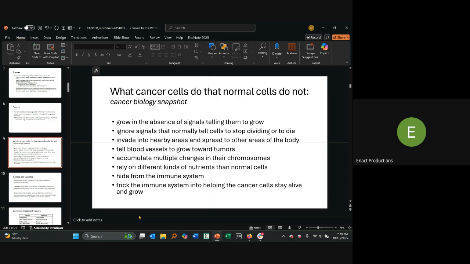Some of the chemotherapies that are out there have as their main mechanism making it harder for that vasculature recruitment to happen. They make it harder for the arteries, veins, and capillaries to grow and penetrate into this new tissue. It's just one of the ingredients that we're playing with.